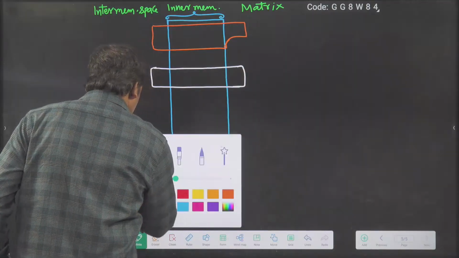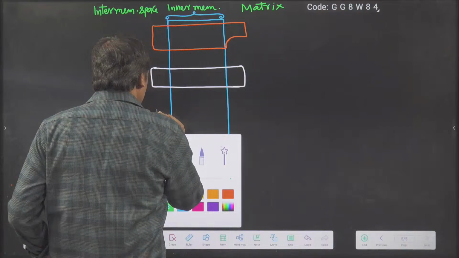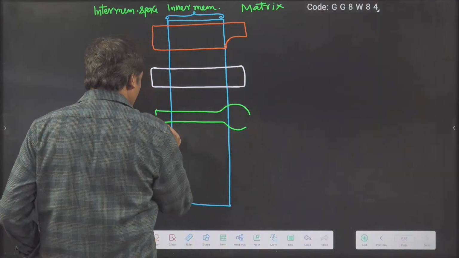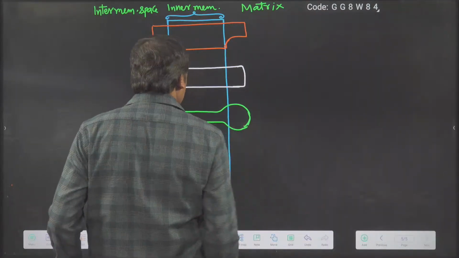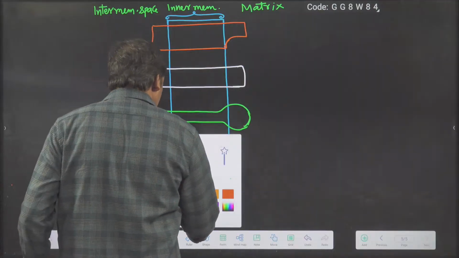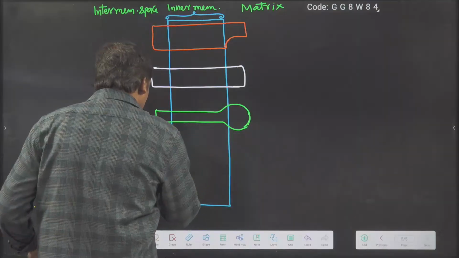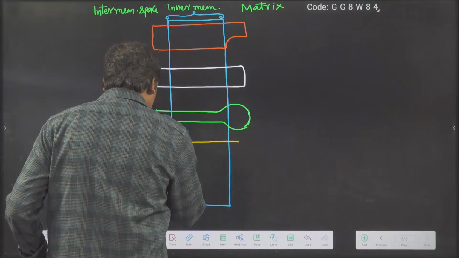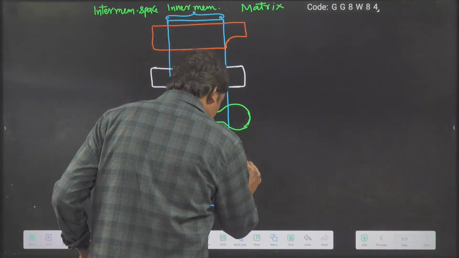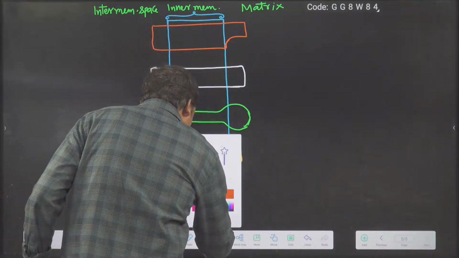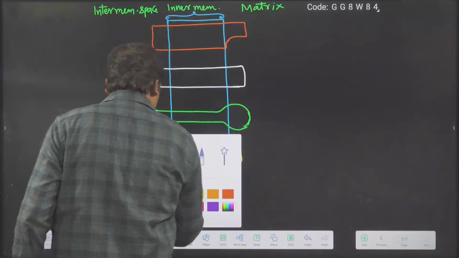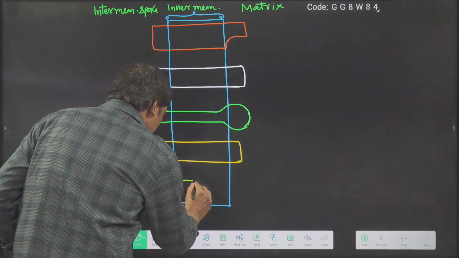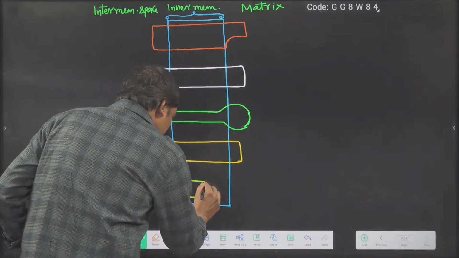Next, this is complex 2. Next, this is complex 4. And finally, complex 5.